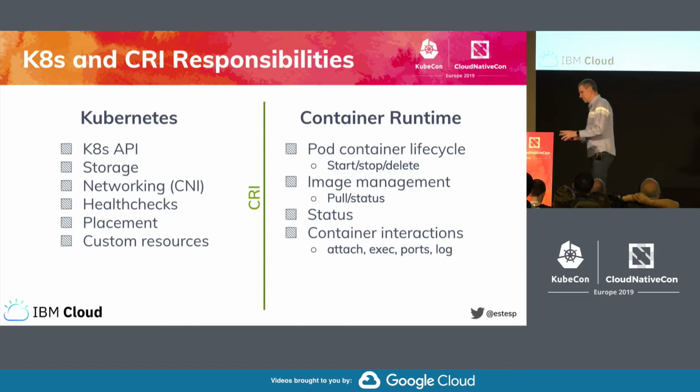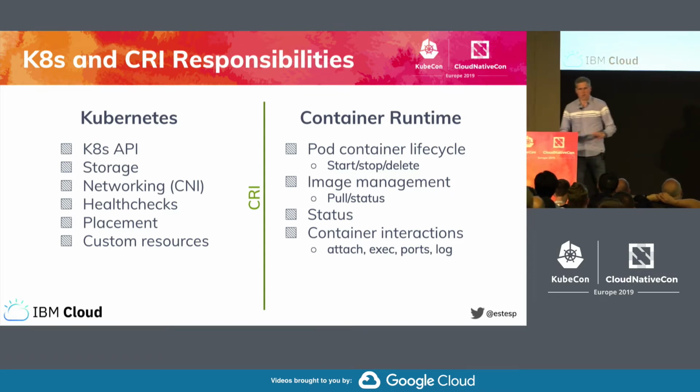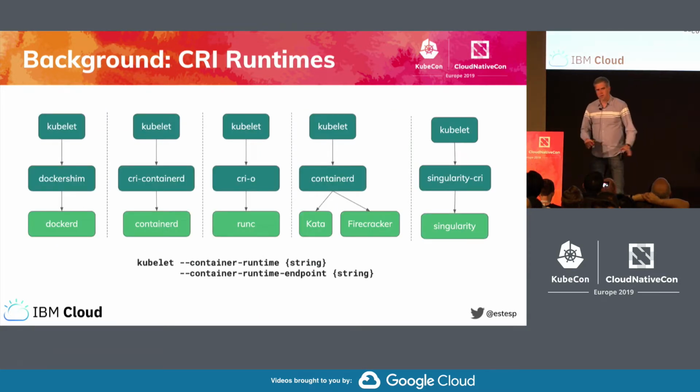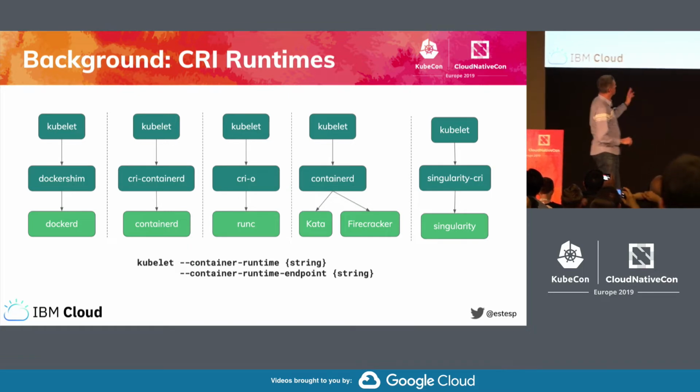Of course, this picture is not quite correct because there's other little sub pieces, whether we're talking about CNI or CSI for storage, but again, that's all outside of the runtime's purview. So this is a picture I've shown in multiple talks. It's almost up to date, it's almost correct.